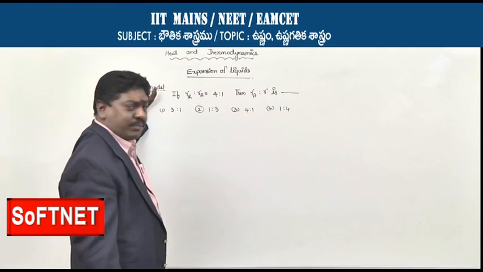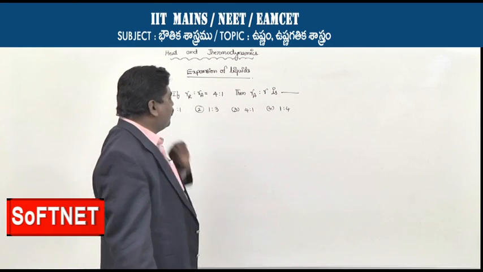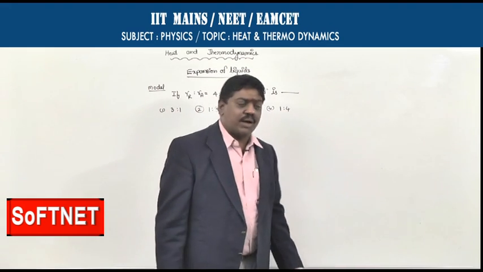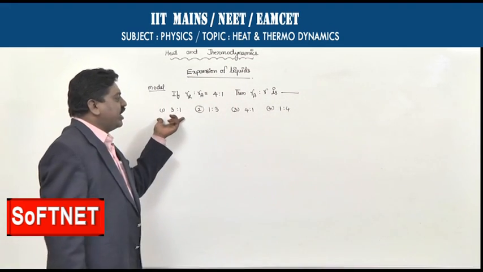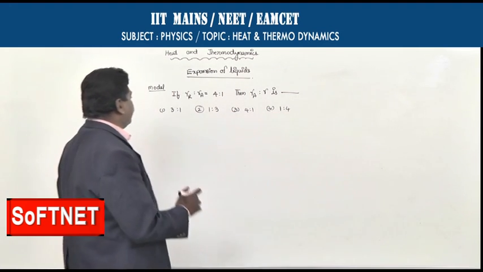We are given in the problem, if gamma R to gamma A is 4:1, then what is gamma A to gamma? The options given are 3:1, 1:3, 4:1 and 1:4.